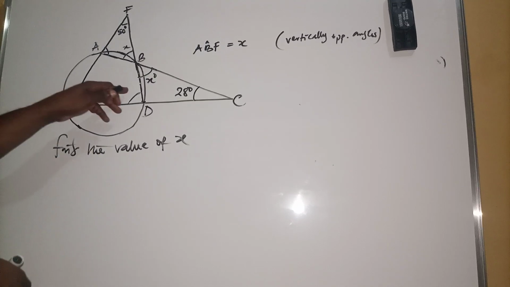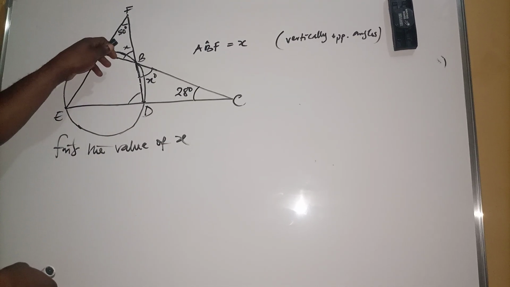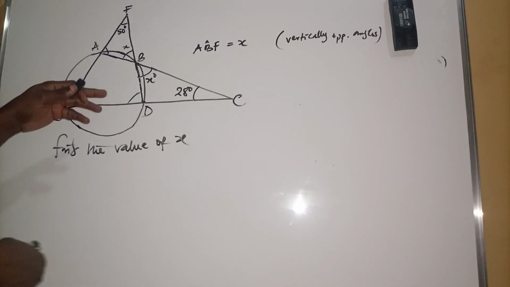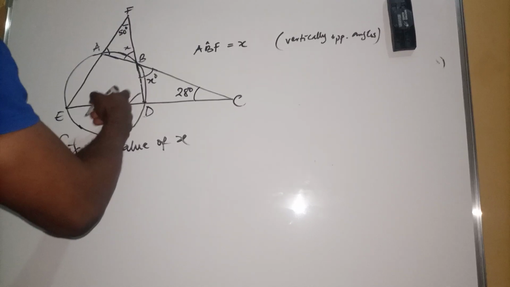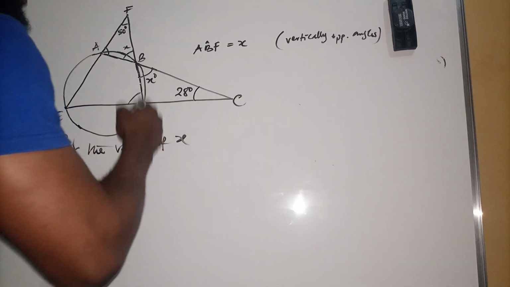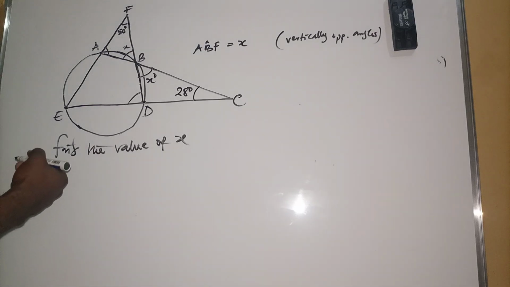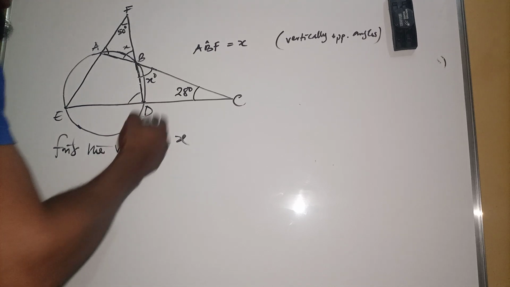So now we are going to find this angle. By the time we get this angle, this angle is equal to this angle. Follow me as I solve the question now. Looking at triangle BCD, this angle happens to be the exterior angle of triangle BCD. From the theorem of triangles, the exterior angle of a triangle is equal to the sum of the opposite interior angles.